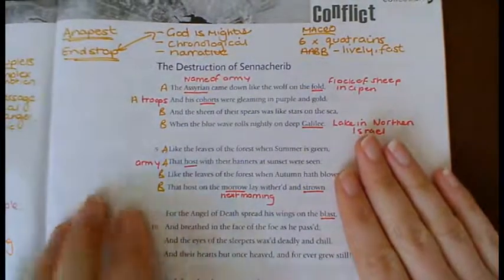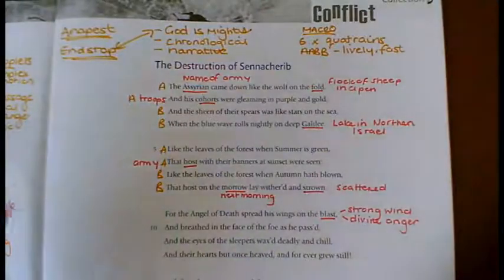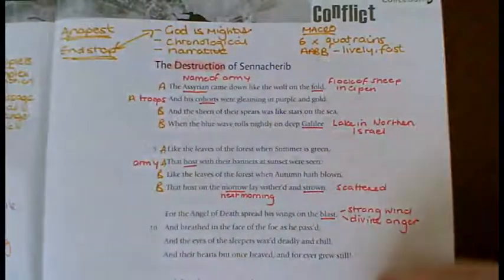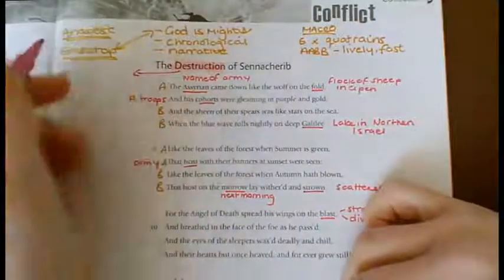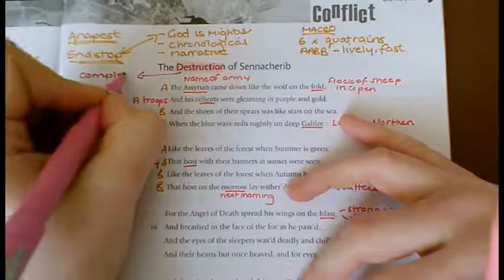So I think my vocabulary colour, because I always want to pick something from the title, I'm going to definitely go for the word destruction. And when I think about destruction, it almost makes me think completely. So it's complete, there's no coming back from it.